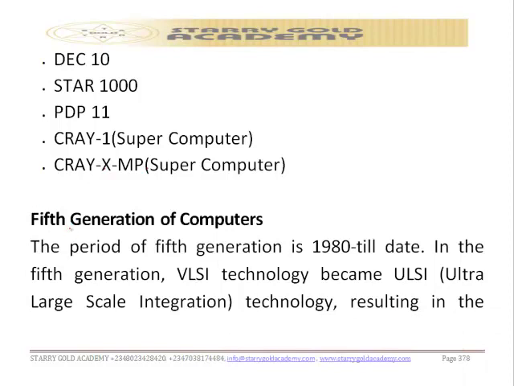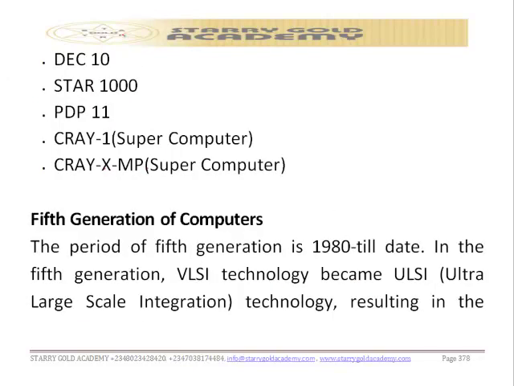So now I want to talk about the fifth generation of computers. Okay. Before I move to the fifth generation of computers, I want to restate some of the examples of fourth generation computers.